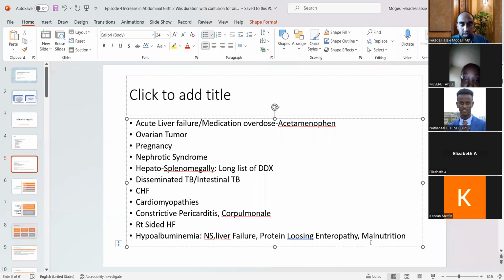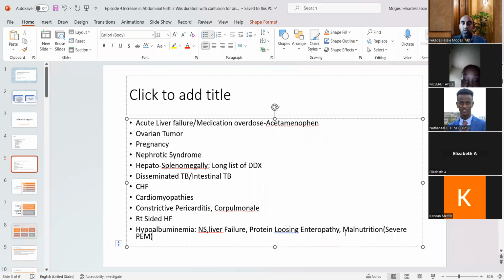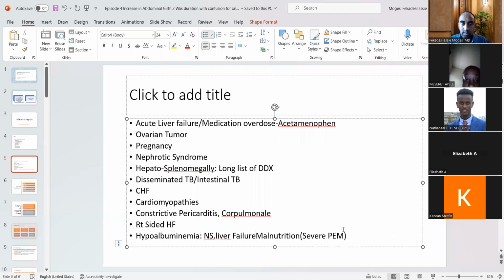Severe protein energy malnutrition. Or the malnutrition that could be due to protein-losing enteropathy versus poor intake.